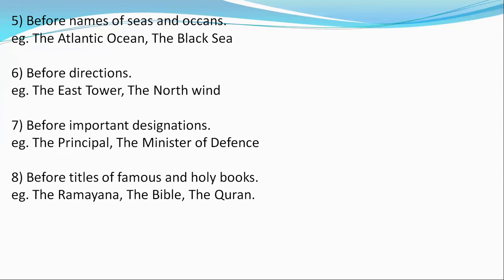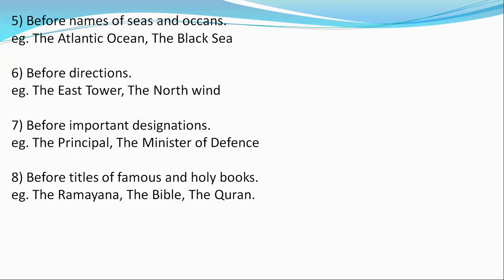Next, you should use the article the before mentioning the names of seas and oceans like this, the Atlantic Ocean, the Black Sea, the Mediterranean Sea, etc. The sixth condition, the should be used before the directions like the east, the west, the south, the northeast, the northwest, etc. Example, the east tower, the north wind, anything which carries the direction.